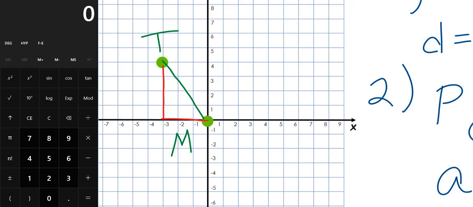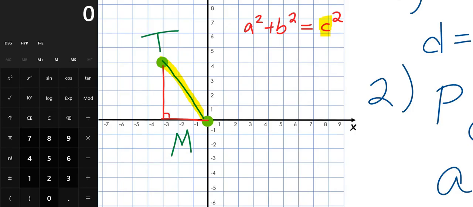I'm going to leave it like this, and I'm going to count the boxes, because my goal is to do a squared plus b squared equals c squared. A and b are the two sides that make up the little right angle for your right triangle, and c is always the slanted side, the hypotenuse, the one across from the right angle. So when you're trying to figure out the length of a line segment, c is always what you're trying to solve for.